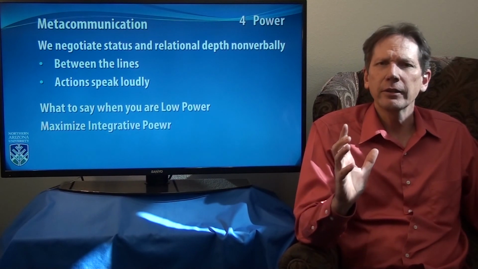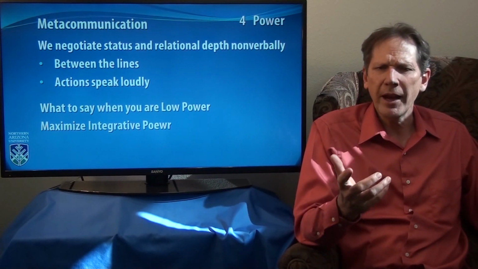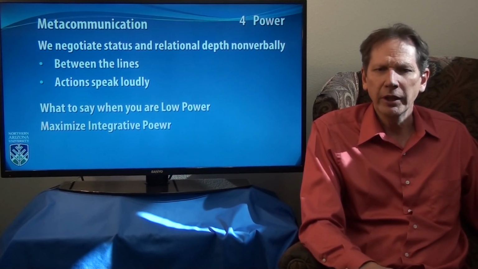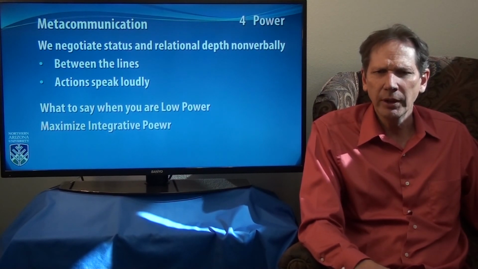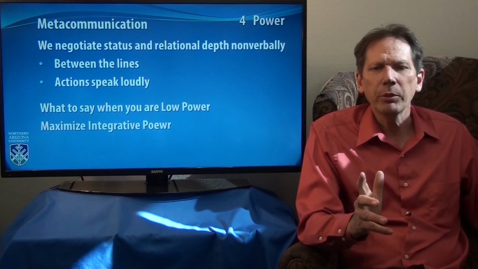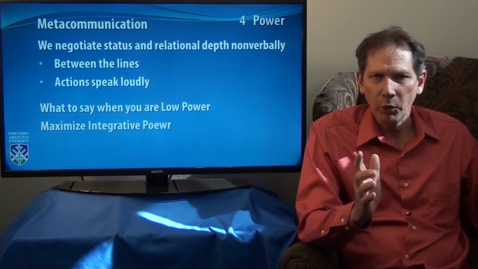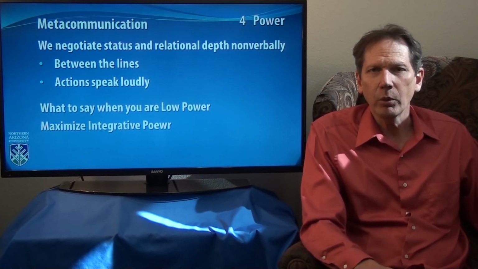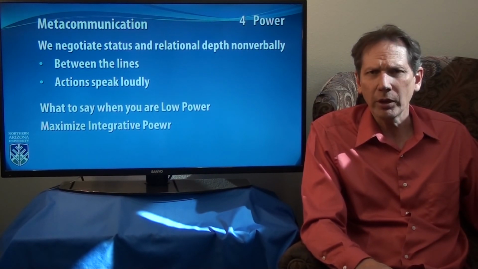Okay, finally, what this chapter is trying to do is help you maximize your integrative power, integrate with people, work with people, and, sorry about the typo there on the slide, work with people and recognize you've got more power currency than you realize in your wallet, and they probably have less, but together you can solve all kinds of problems.